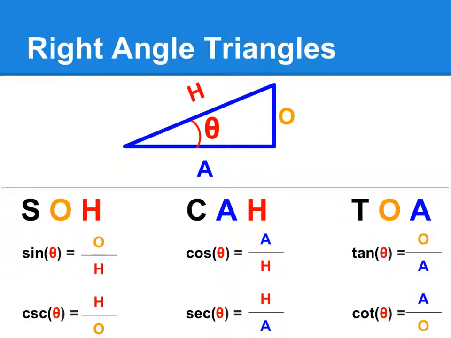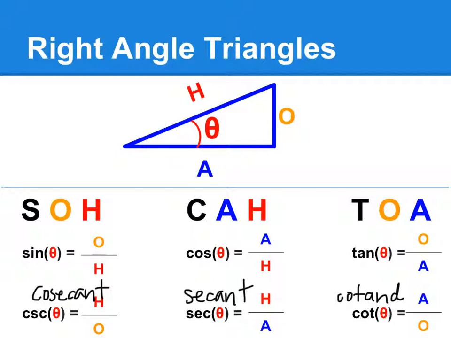Now I added on this extra layer down here. We have cosecant. Let me write it down for you. Cosecant. Secant. And cotangent. Now we're going to go into why they're called what they are in a few weeks, but for now just remember that you can think about it as the opposite.